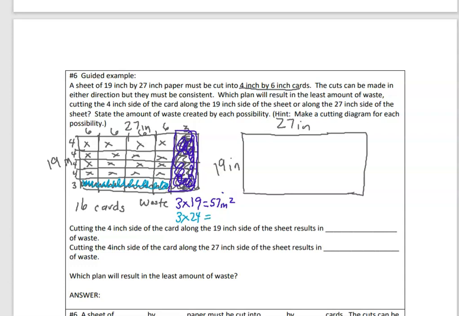So 3 times 24 is 72 inches squared. And when you add those two numbers together, 57 inches squared plus 72 inches squared, that's going to get me total waste of 129 inches squared. So there's what we know about that one.